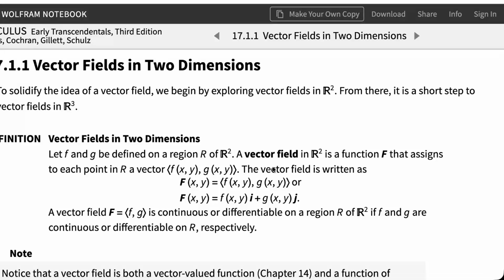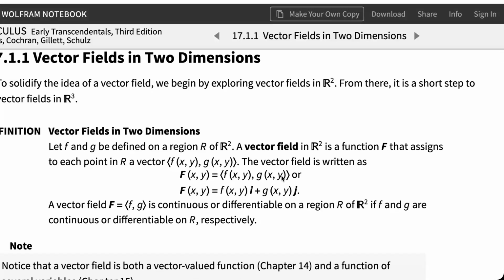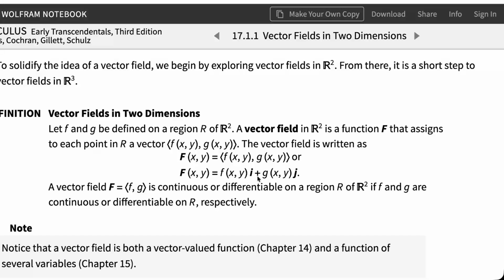By the way, that's actually the same thing we were looking at in the last section in chapter 16. A change of coordinates can also be thought of as a vector field. It's two inputs and two outputs.